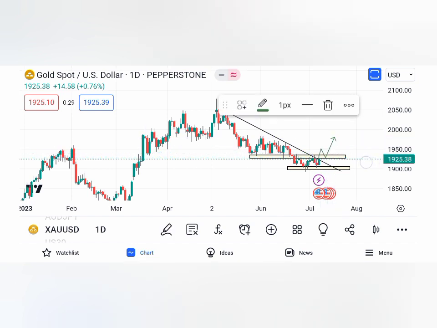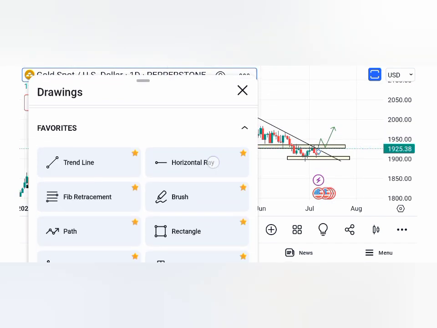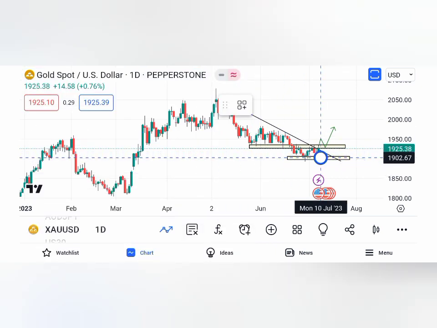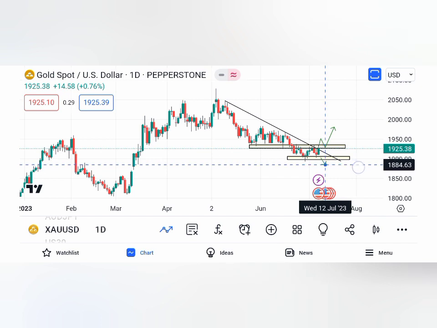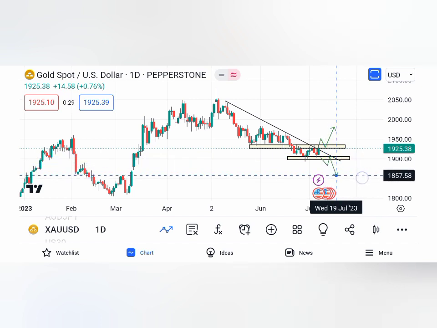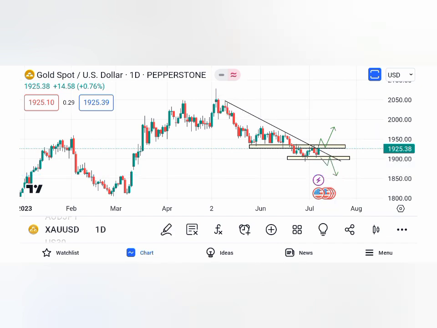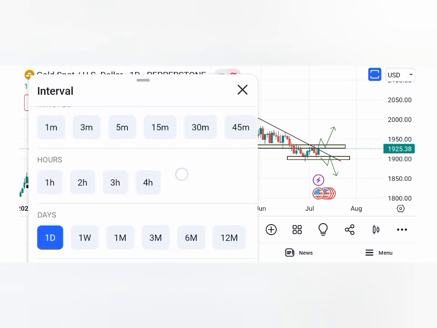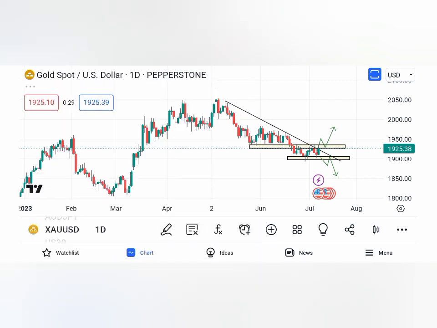Or if gold breaks downwards also, I'll wait for a retest, then sell. So we are ranging on gold, and my advice to traders is to wait for a breakout. Get the actual move now.